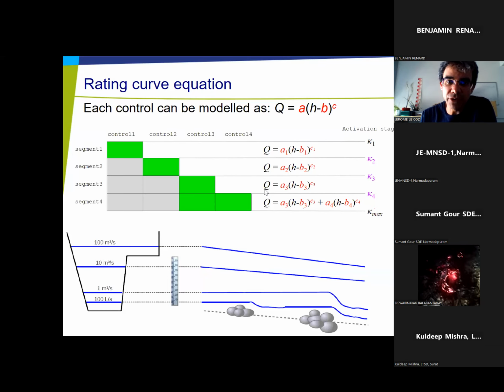Okay, and very importantly, we have kappa max, or the maximum stage up to which our model is valid. That will be something we'll have to determine. We don't want to compute rating curves far above the maximum water level for which the assumed controls are realistic.